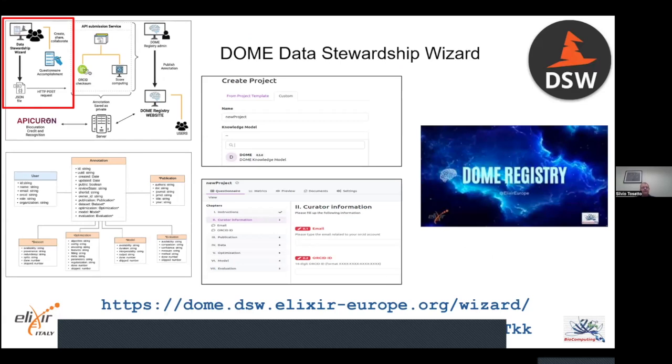And essentially for DOME, it's the four major components, data set, optimization, model, and evaluation, plus some metadata, which would be the publication, in order to unambiguously identify where it got published, and the user who has been contributing this type of information, as well as some housekeeping fields for the annotation proper. Then the user would have to create a new project and input via a series of questions. The answers to this would be the data which gets stored in the DOME registry itself.